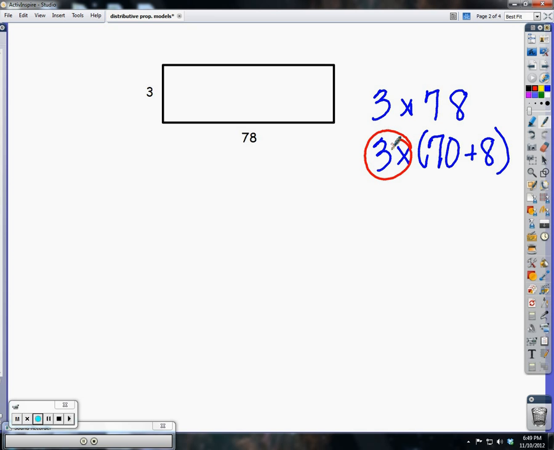So the 3 times would be given to the 70. And remember, in our previous model, that was like the larger rectangle. So we'll put that in parentheses. Next, we'll give the 3 times to the 8. And that was like our smaller rectangle.